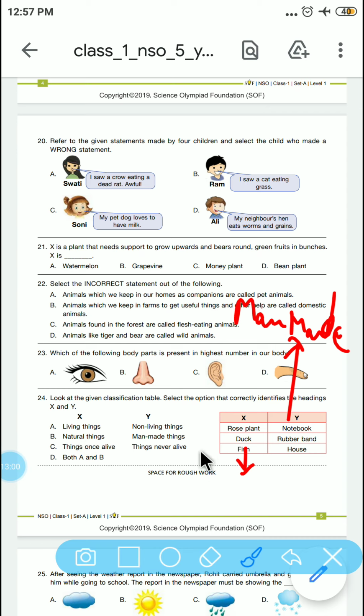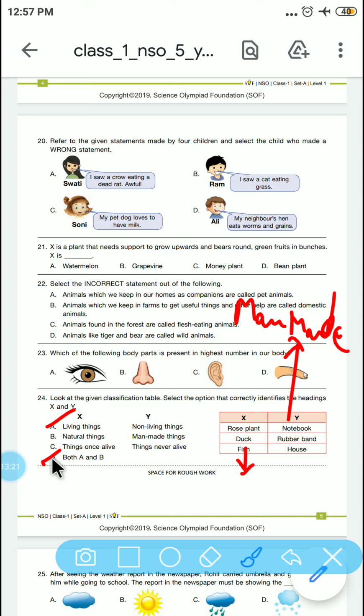Living things: rose, duck and fish. Yes, of course they are living. Non-living things. So the only correct option which is matchable right now, let's check option B. A is also correct, but let's see natural things and man-made things. It is also correct.